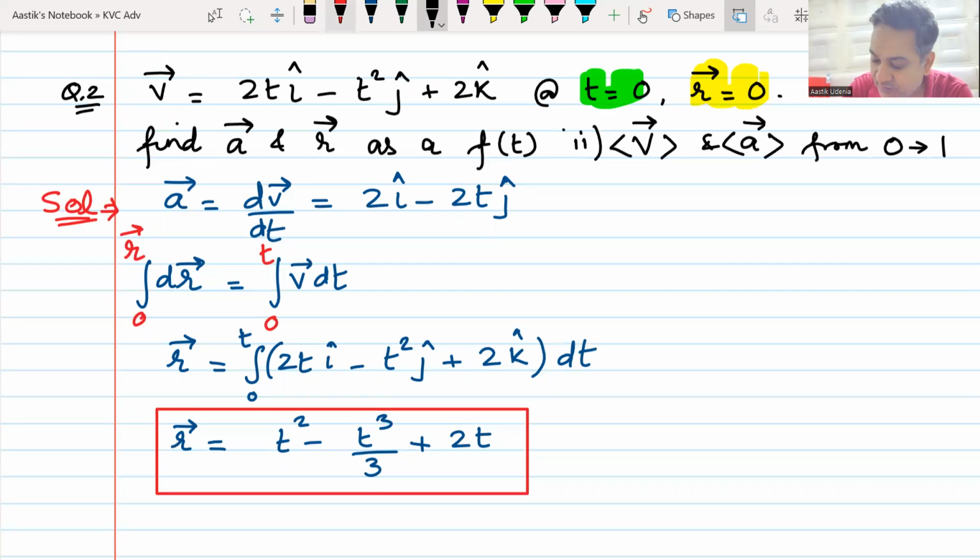Can you find out the values of these two bars from 0 to 1 second?